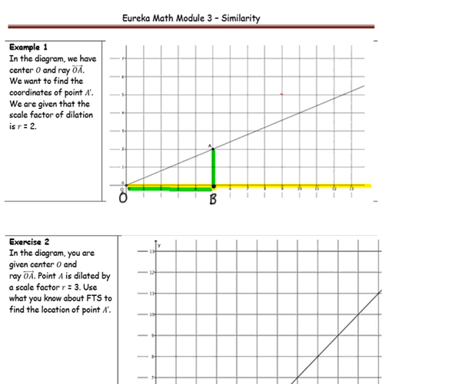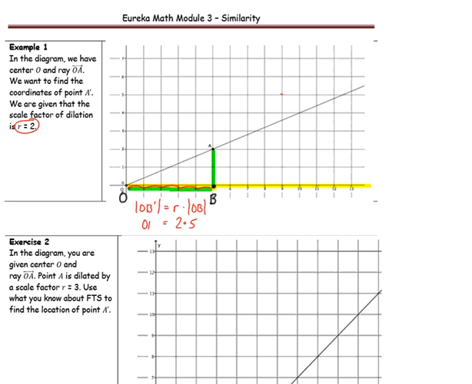We'll use the length of segment OB to find the length of OB prime. So here we have the length of segment OB prime is equal to the scale factor times the length of OB. We know the scale factor is 2, and we know the length of OB, 1, 2, 3, 4, 5, is 5.